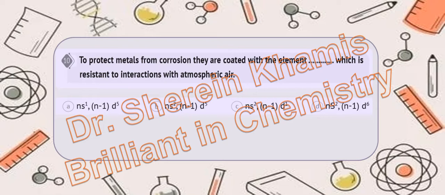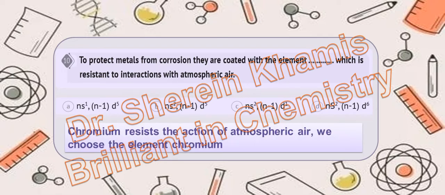Do you know that when we want to protect any element we use, we must coat it with a more inactive element? So we have the element that we want to coat our metals with to protect them from the atmosphere.